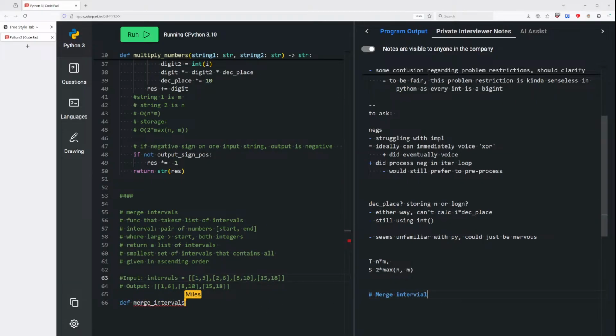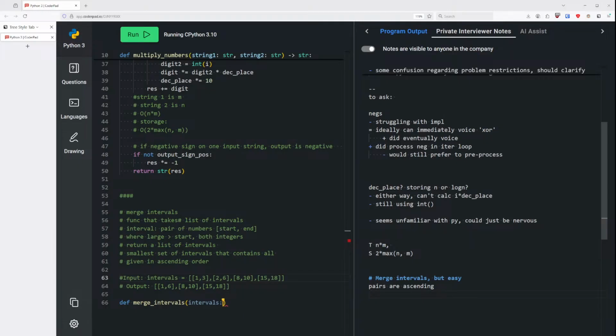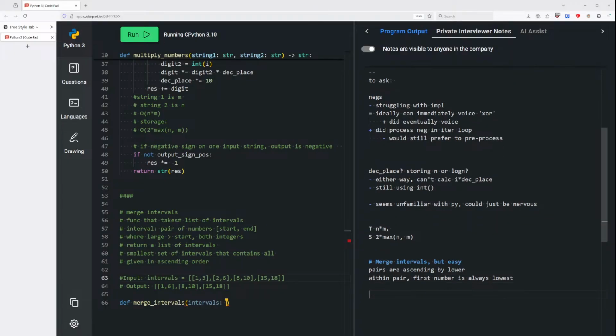Merge intervals, and we're taking in intervals, which will be a pair of numbers. Let's just call it this. And they're all integers.